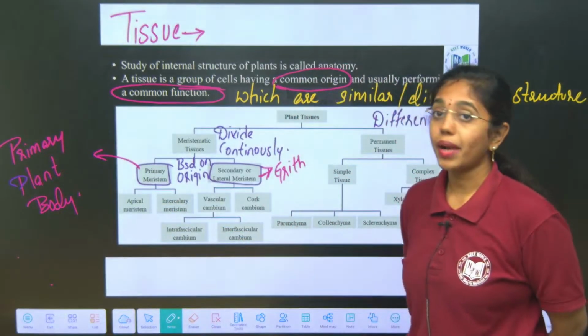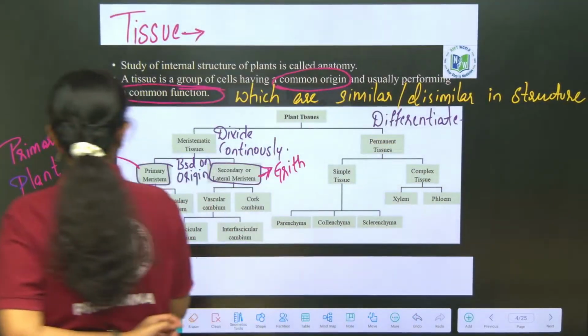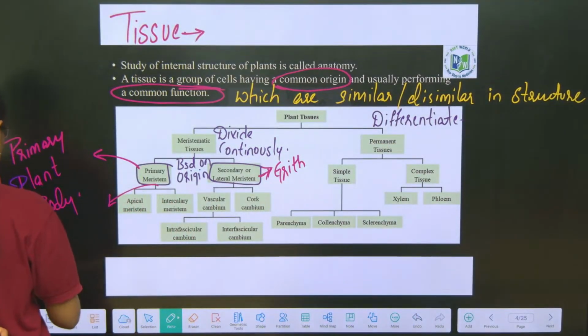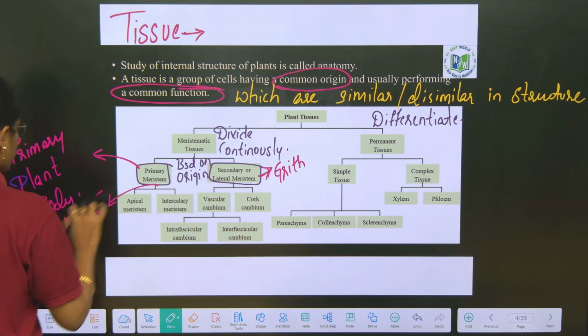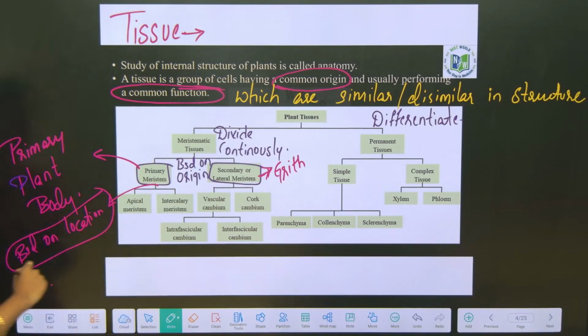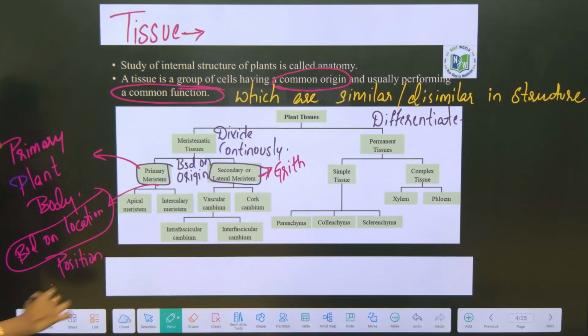Here you see primary meristems, again based on location, they are of two types. Based on location or position, they are of two types.